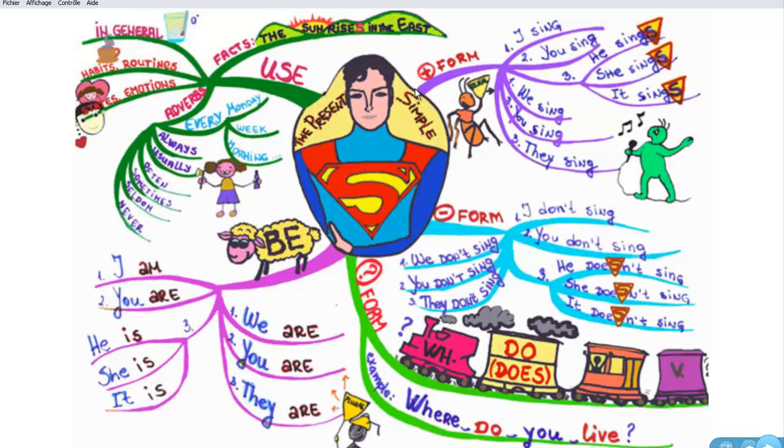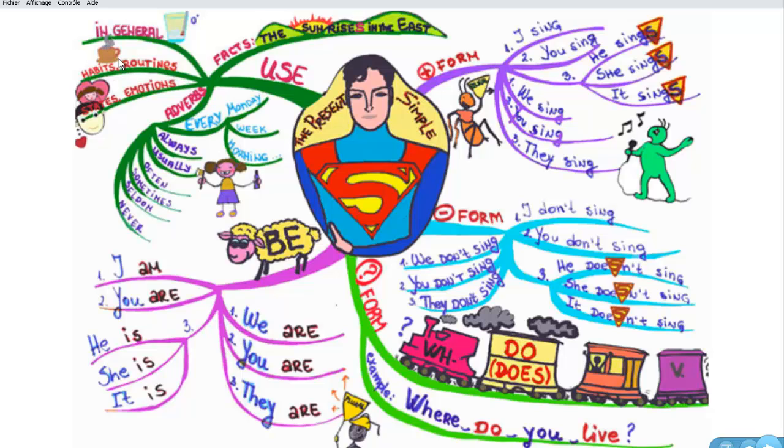So you see here you have a big image in the middle where we have Superman, possibly because the S reminds us of the S third person singular. Then you have a branch that is there to show the different uses the verb tense can have. So you have, if you talk about things in general, general truths, habits and routines.